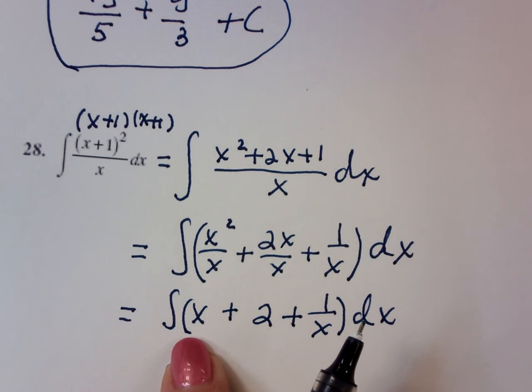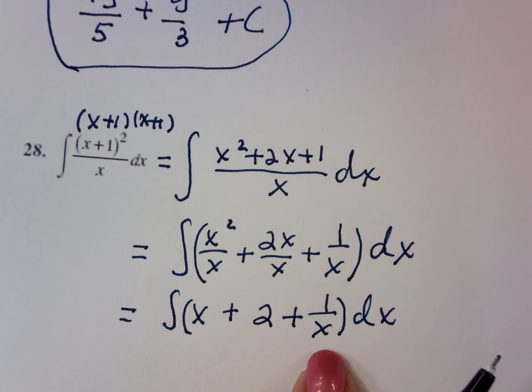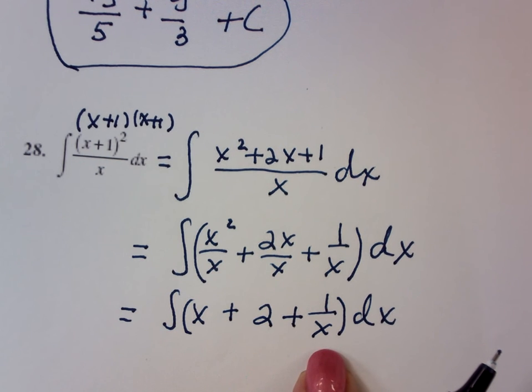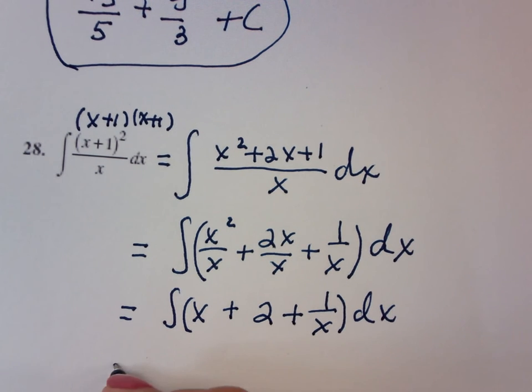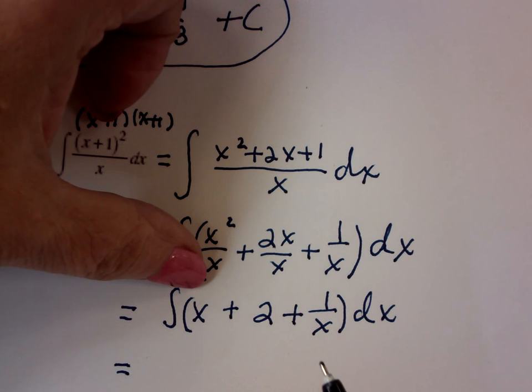Now, what do I have? I have the integral of x, that's anti-power, right? I have the integral of a constant, and I have the integral of 1 over x. Is that all basics? Yes. So now I can integrate it. What's the integral of x? x squared over 2.